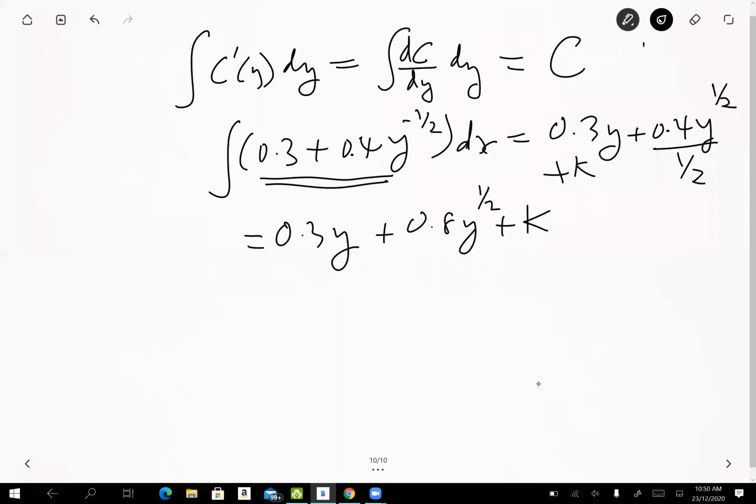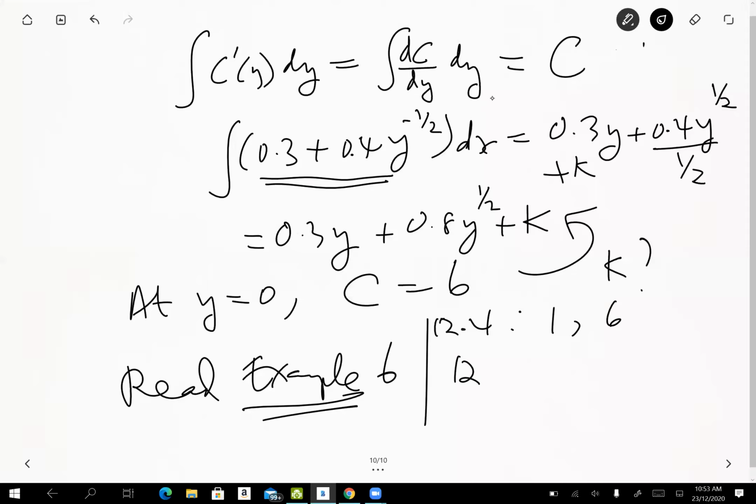I'll give you 1 and 6, and then question 12, the average cost. What else? Average cost, marginal revenue. Where is the marginal revenue? Oh, marginal revenue was not there, it is 12.1. So marginal revenue is 12.1.